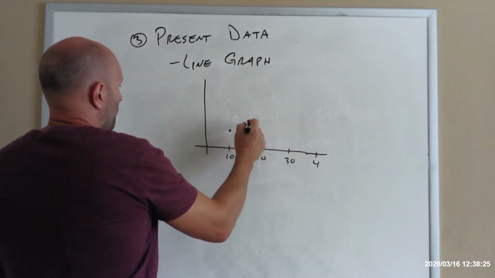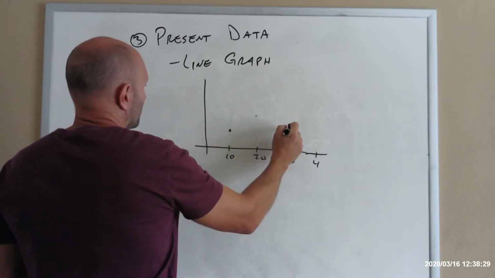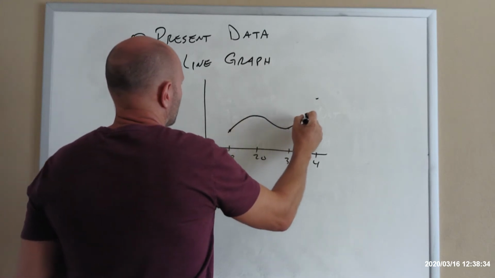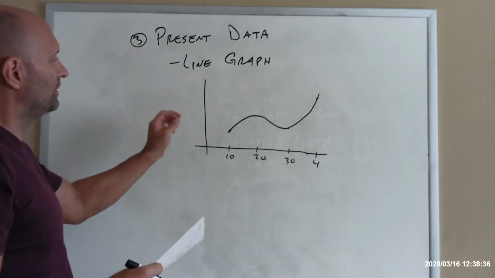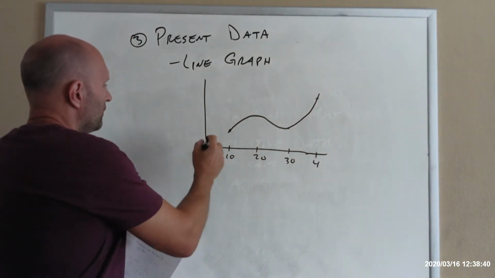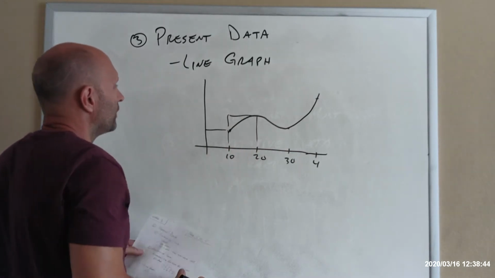However many points there were, and what did my picture look like? So it might look something like this. So it's the different points, and it's a line that's connecting them rather than the bars that we had drawn for our histogram.